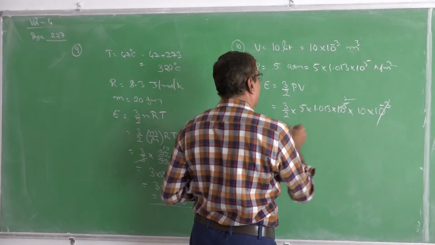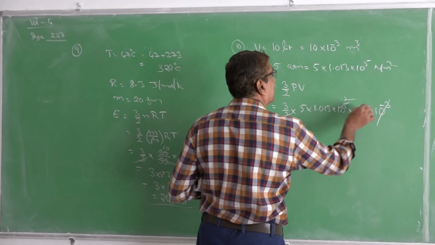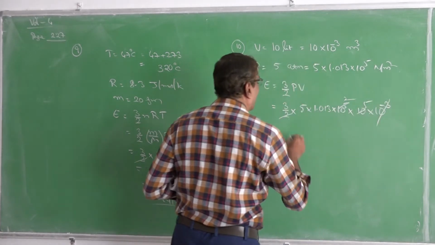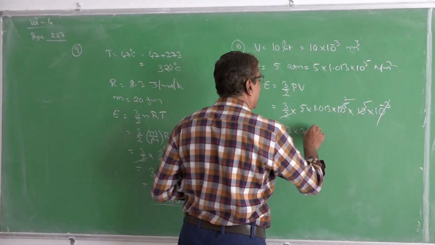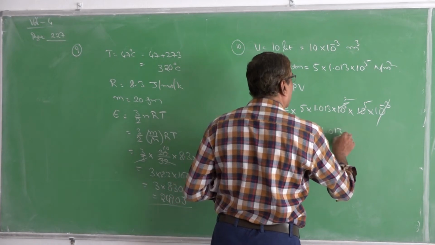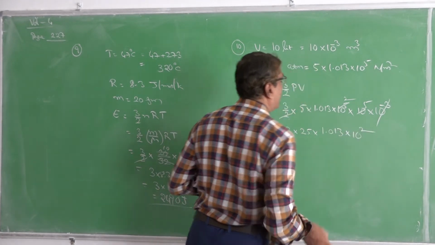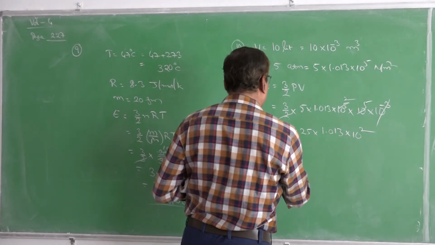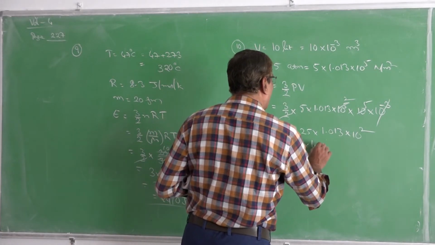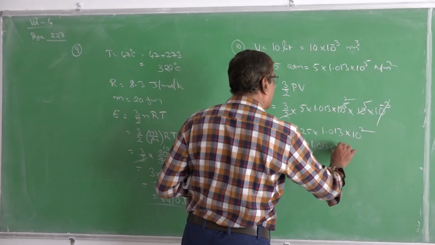So, 10 cube again, converting this, it is 5. 3 into 25 into 1.013 into 10 to the power 2. This is 75 into 1.013 into 10 square.